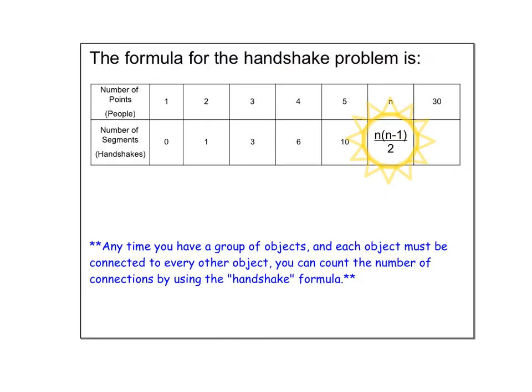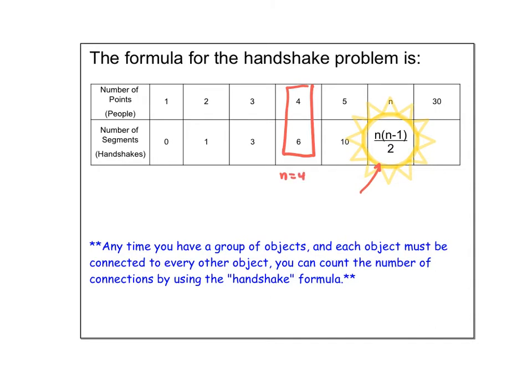Okay, so on the previous slide, we spoke about the handshake formula. Of course, we've got it right here, where n is the number of people or objects. So we would multiply n times n minus 1, divide by 2 to get any output or function value based on the number of points present. So let's take 4 points present and let's use the formula.